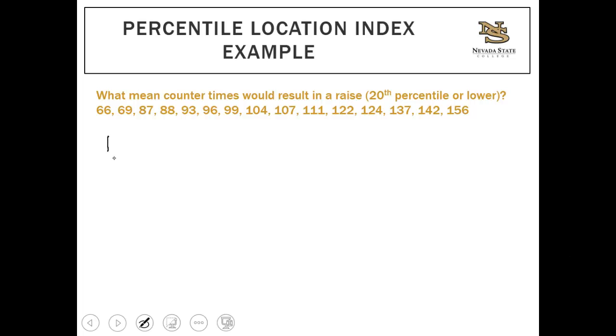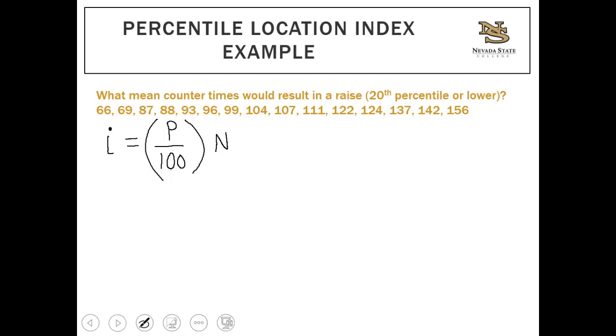Okay, so the formula for I, remember, is the percentile of interest divided by 100 multiplied by the sample size, or in this case, the population size, because we have these 15 tellers and that's all who work at the bank.